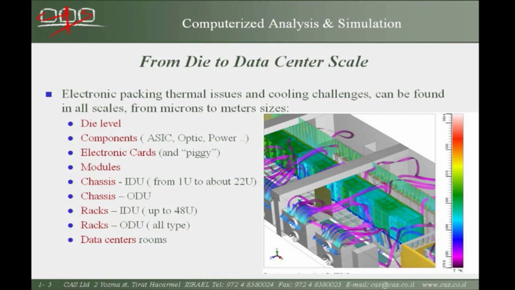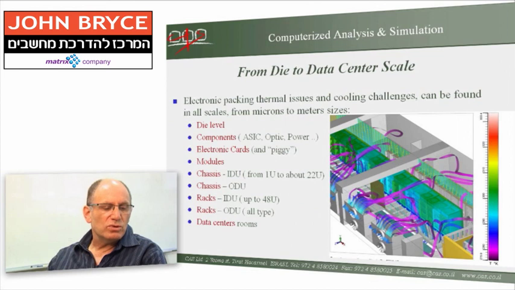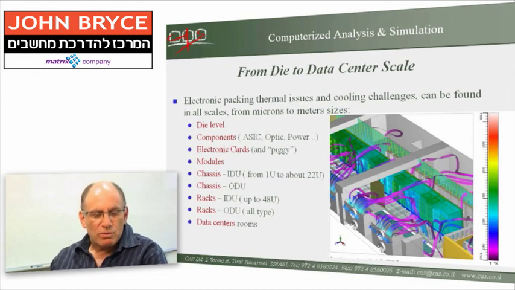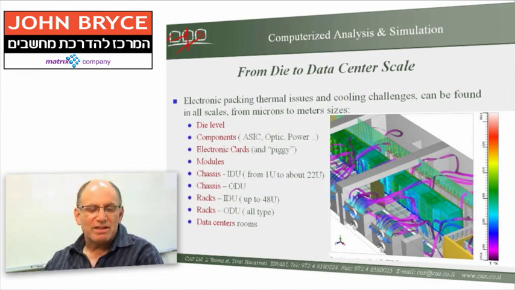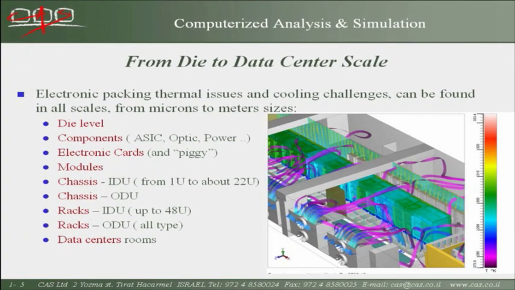Then we arrive at the electronic cards, the daughter board cards on the electronic cards, electronic modules, chassis of all kinds, from 1U up to 20U, then the ODU, which means outdoor units, racks, all of them up to the data center, of which you can see a figure of a thermal simulation in these slides.